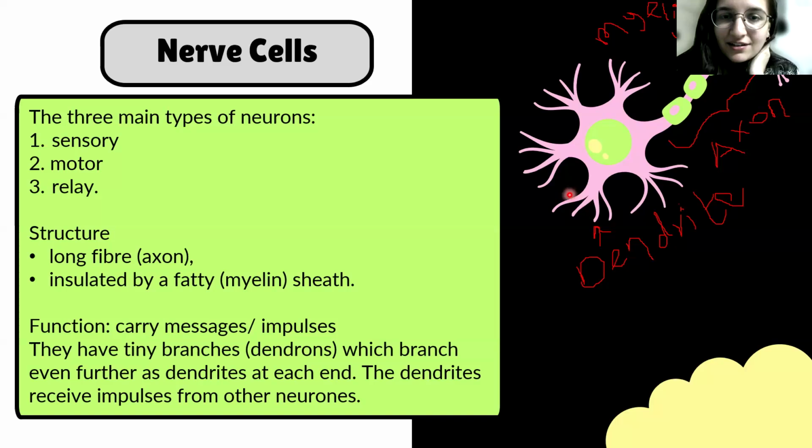So here's the reason. The function of a nerve cell is to carry messages, or to send nerve impulses, the electrical impulses. That's why they have these tiny branches, dendrites, or dendrons, same thing, which branch out, and then you see the messages pass through here.